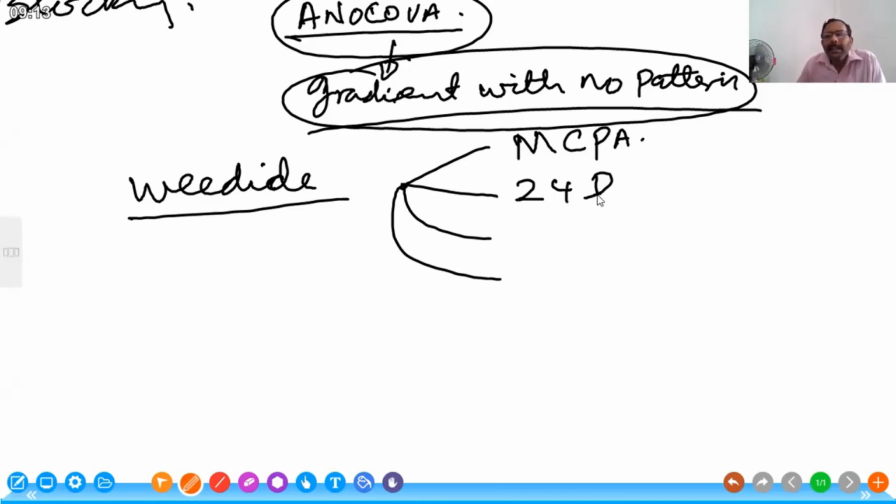You can tell some name, commercial name. These are generic names. No? These are chemical names. No? Tell me some commercial weedicide for broadleaves. Glyphosate. Huh?